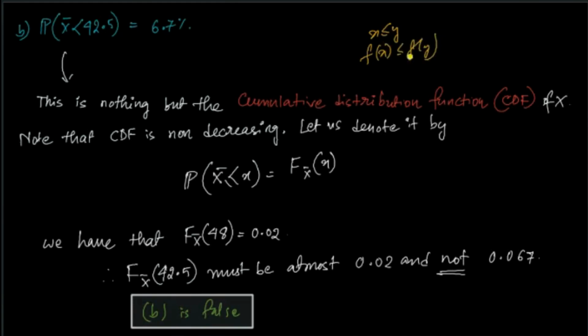So this is 42.5 and this is 48. This value should be at most this value, and I know this is 0.02. So there is no way this can be 0.067. This is wrong, so B is false. It contradicts the fact that the CDF is non-decreasing. That's how I know this is false.